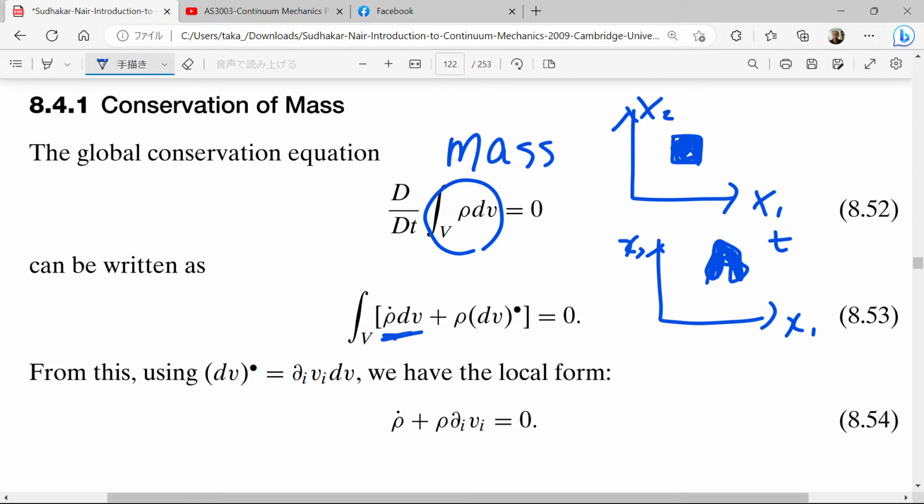This can be written as density. This is the derivative of density. And what is this?